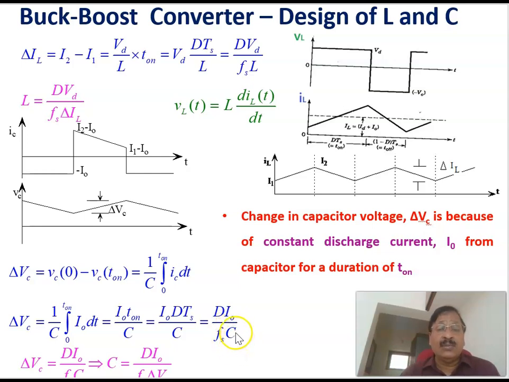Therefore, C equals D I0 divided by Fs into delta Vc.